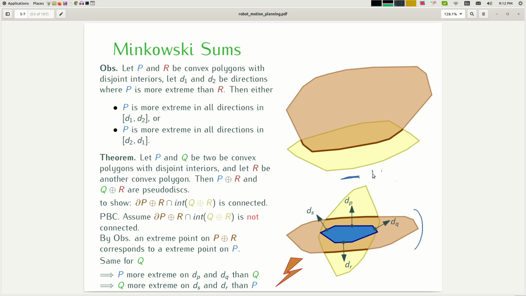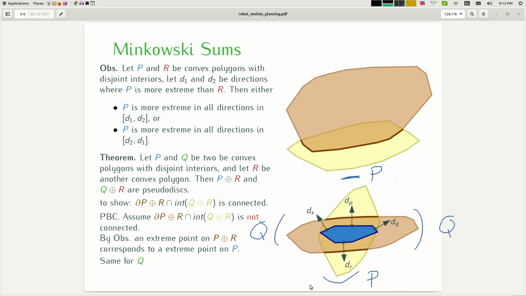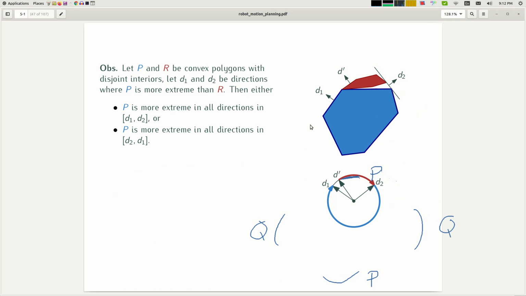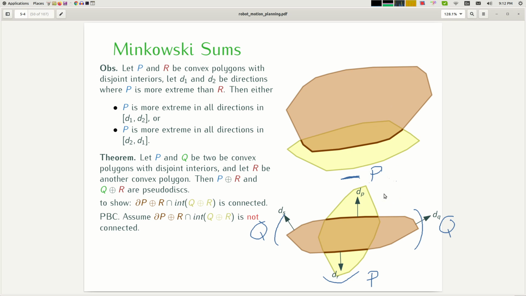From this we can obtain that P is extreme along this direction. From this we obtain that Q is extreme along this direction by the same argument. Then P is extreme here, and then Q is extreme here. So when we look at all the directions, we'll see that this picture contradicts this observation that we had from earlier. So therefore it follows that these two objects are pseudodisks.